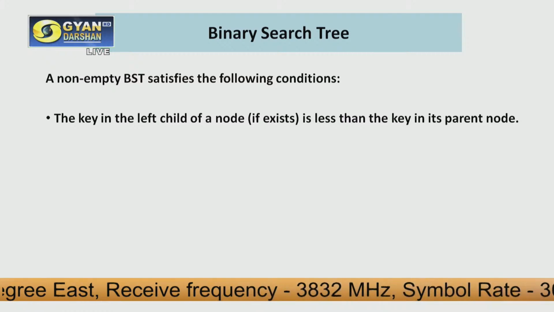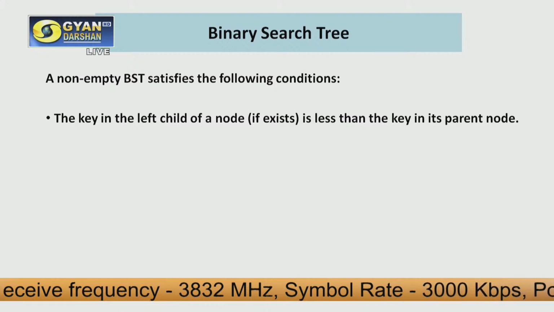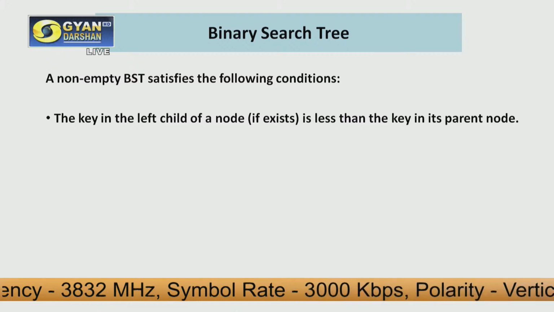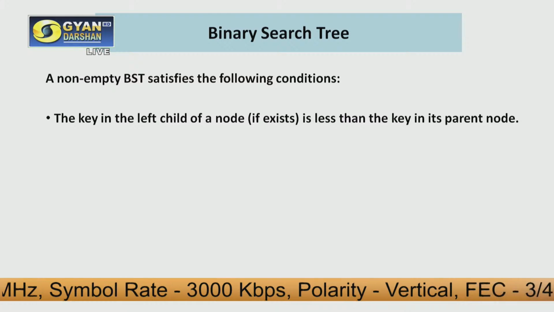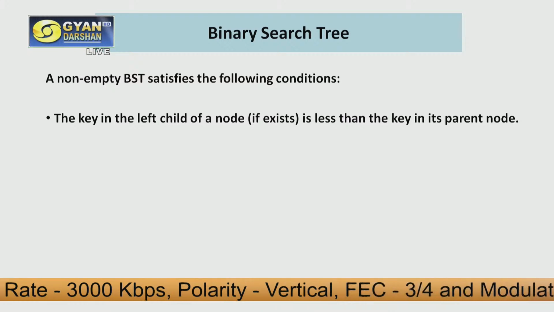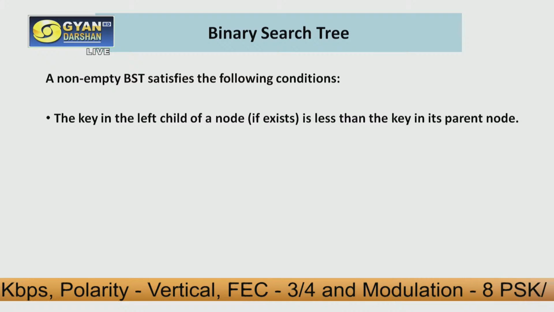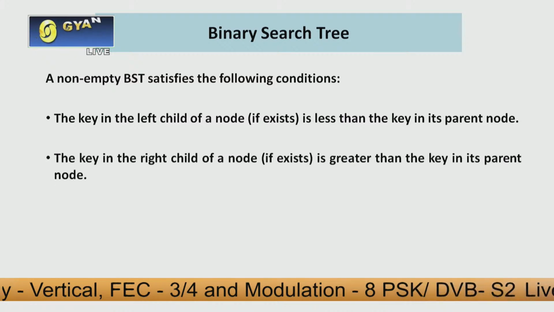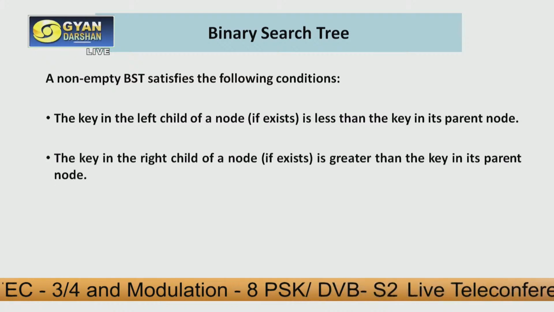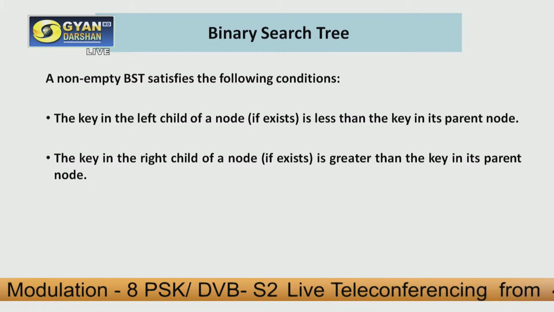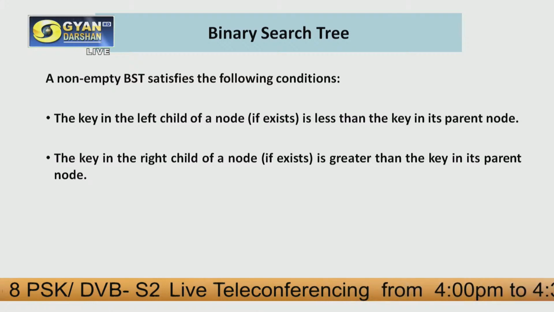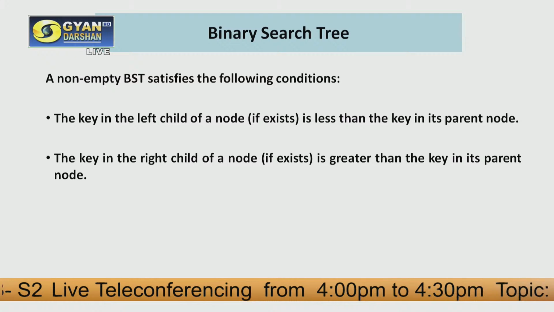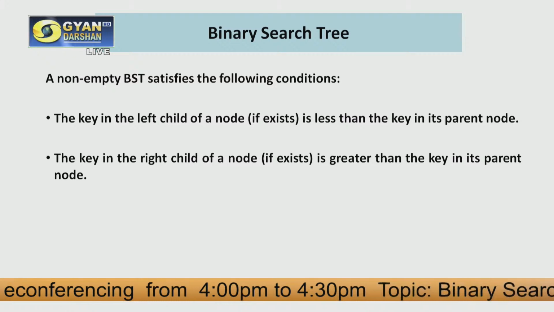The key in the right child of a node, if it exists, is greater than the key in its parent. So these are two basic conditions.